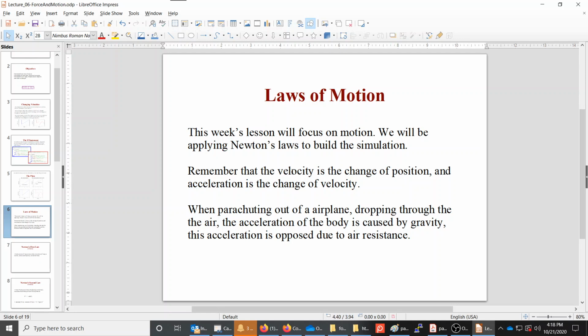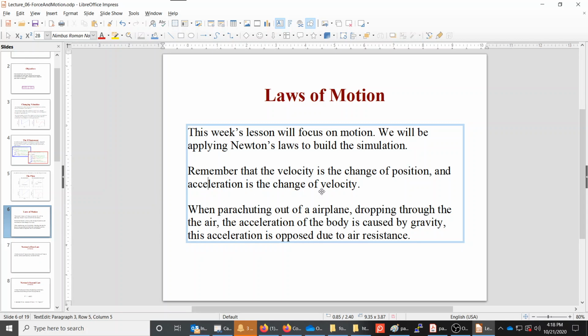All right, so keep in mind that velocity is the change of position, and also keep in mind that acceleration is the change of velocity. So one of the simulations we're going to be doing is simulating someone parachuting out of an airplane and dropping through the air.